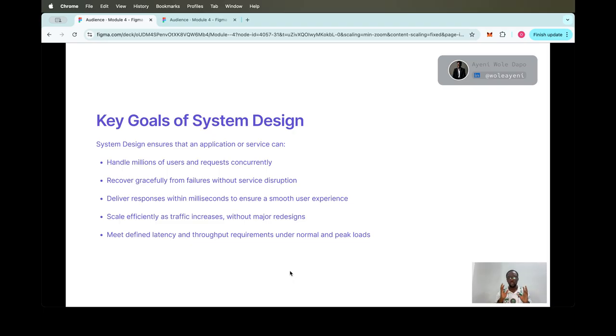System design also helps to ensure that your API is able to respond to your customer in milliseconds. When you start looking at competitive analysis of the API infrastructure you intend to build, you realize that one of the key metrics for the success of your platform is how responsive your API is.